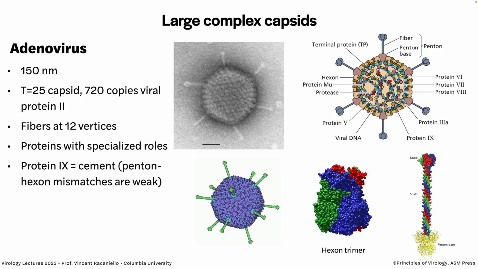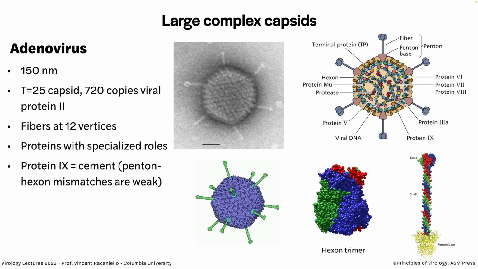This virus particle is made up of these blue proteins called hexons. They're made up of a trimer here. And then this is the structure of the fiber. It's made up of a knob, a fibrous shaft, and a penton base that fits into the particle. For example, one of these proteins that has a specialized role is protein 9. That's this one here, the little brown protein that's in between the hexons.